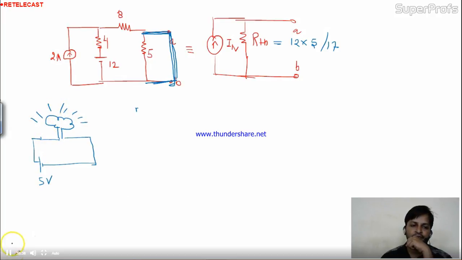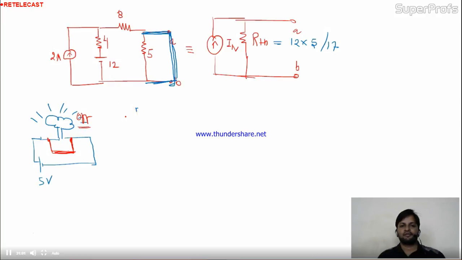But if you manage to short it, means in the path of this, you connect one simple wire like this between 2 terminal points, then the bulb will be off. There is no light in this. You can check it practically.